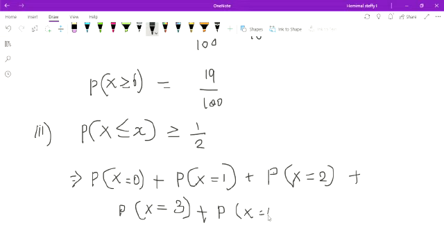So I will substitute the probability values of X for 0, 1, 2, 3, 4.